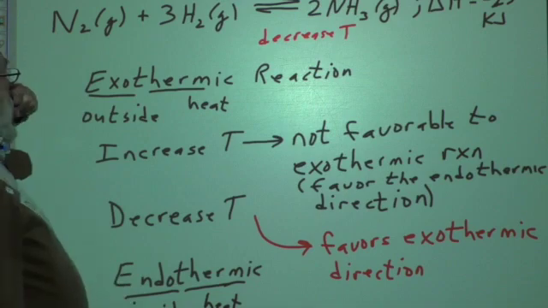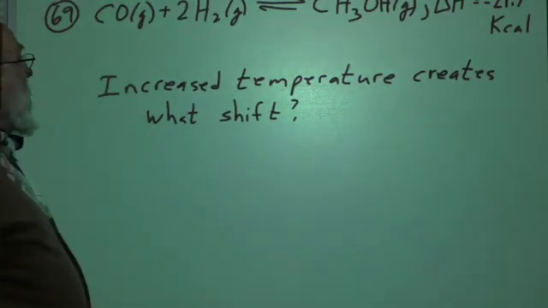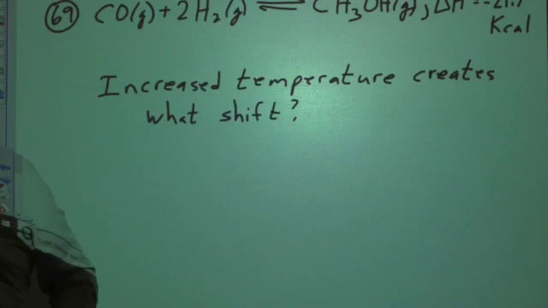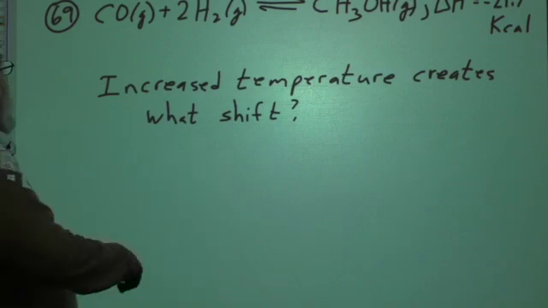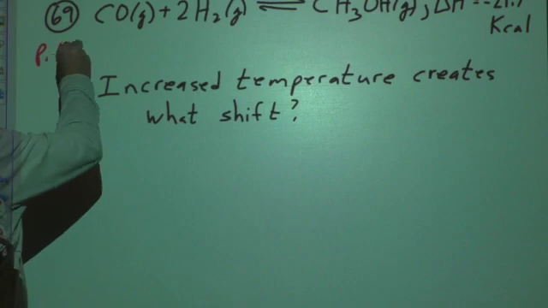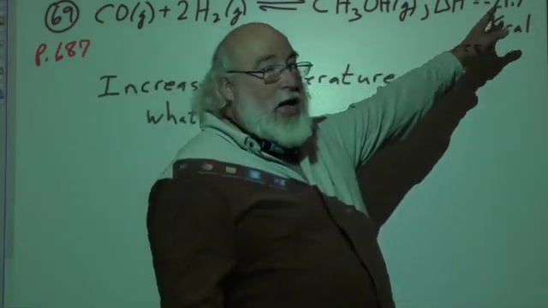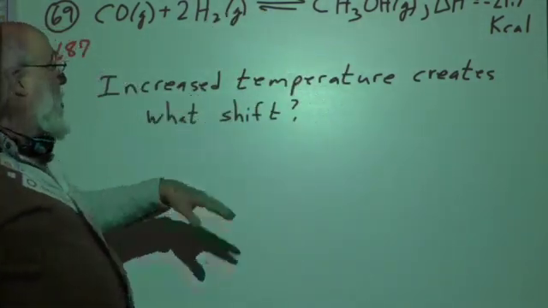Okay? So let's take a look at an example here. We have this problem number 69 in your textbook on page 687. And we have this reaction, and this is again an exothermic reaction. It says increased temperature creates one shift.